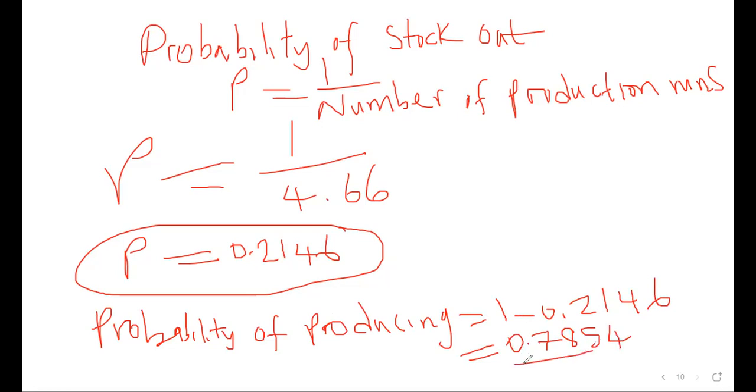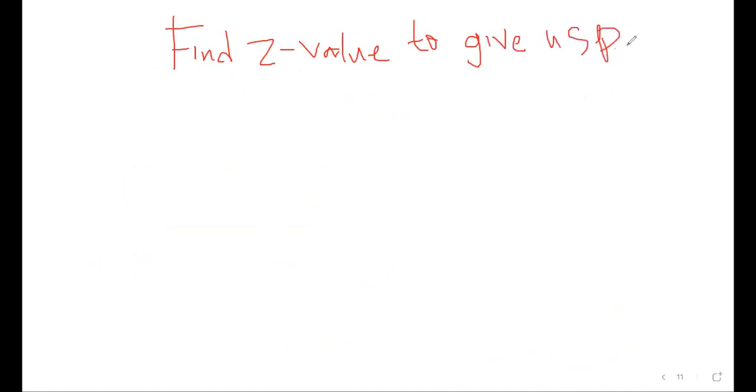Now find the Z value corresponding to this probability. Find Z value to give us probability of 0.7854. Find value of Z to give us probability of what?